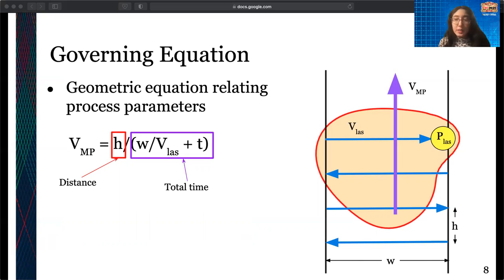And the amount of time it takes to travel that distance is going to be the amount of time it takes to traverse across the stripe width and then turn around and move to the next raster. The amount of time it takes to traverse across the stripe width is W divided by V_laser. The amount of time it takes to move to the next hatch spacing is the turnaround time.